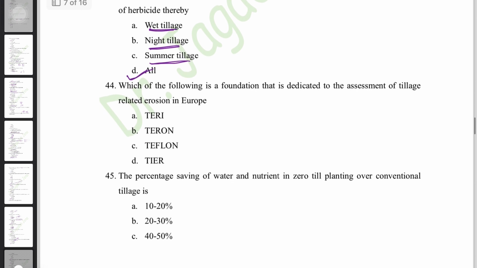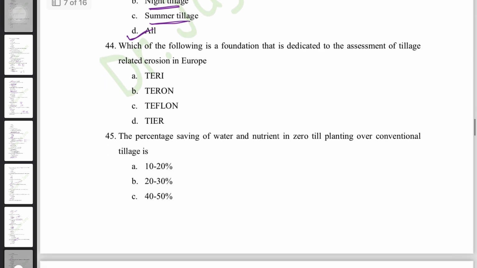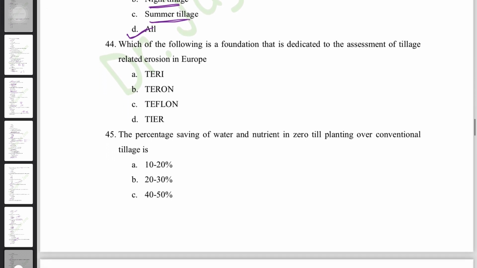Which of the following is a foundation dedicated to the assessment of tillage related erosion in Europe? Tillage related erosion, so that is TERON. This is one foundation that was dedicatedly established for assessment of tillage related erosion in Europe.